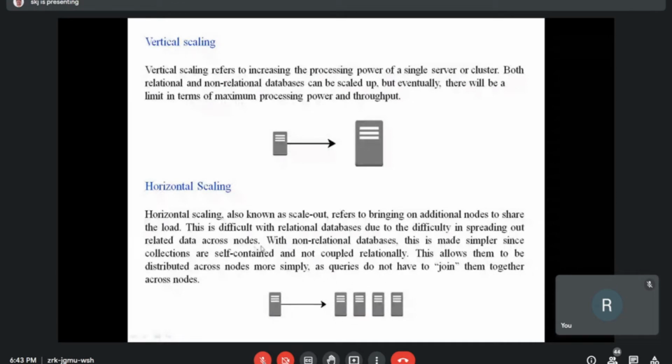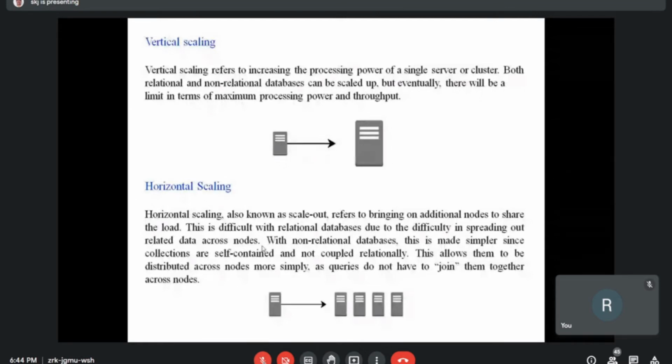So if we try to apply horizontal scaling to a relational database, we have difficulty. For example, there is a very big table, and one part of the table is on one machine and the second part is on another machine. If I want to execute any query, the query first has to consult on which machine the data is present.